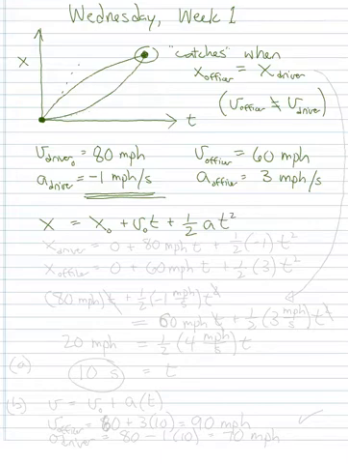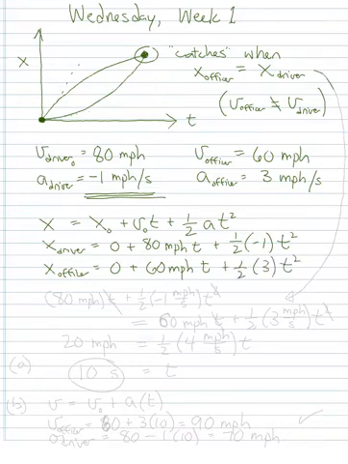And so if I write this down for the driver, and let's call the initial position 0, so it's 0 plus 80 miles per hour times time plus 1/2 -1 miles per hour per second times t squared, and x of the officer is his initial speed, or her, okay.